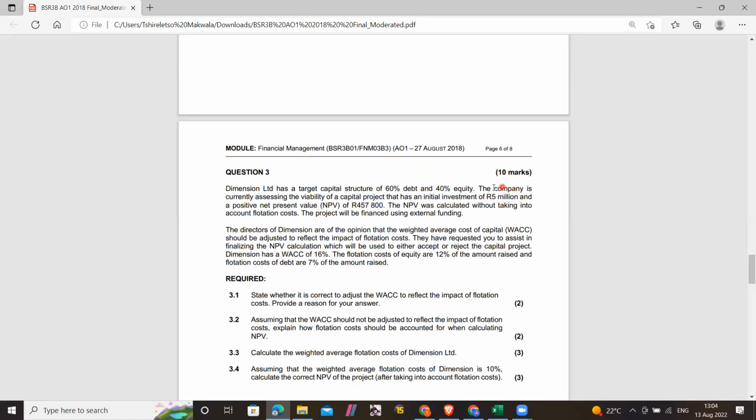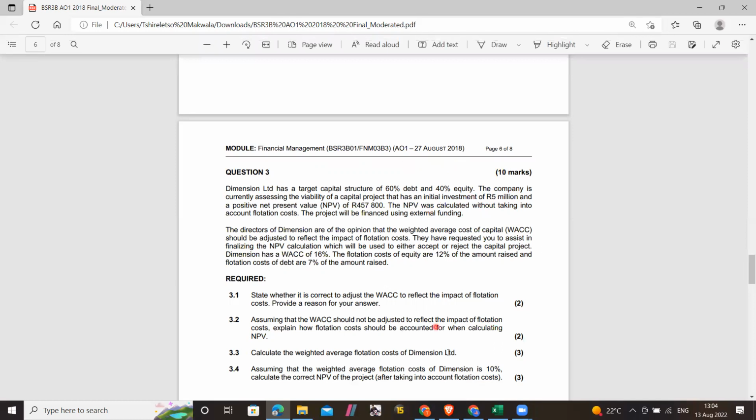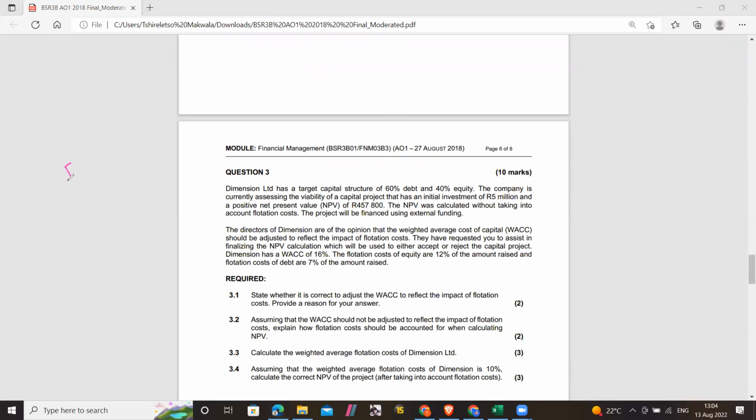So if this represents 90%, how do we get flotation costs? We first make this represent 100%. So let's change this to represent 100%. And how do we do it?